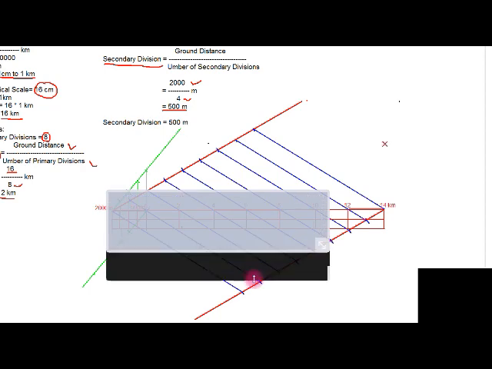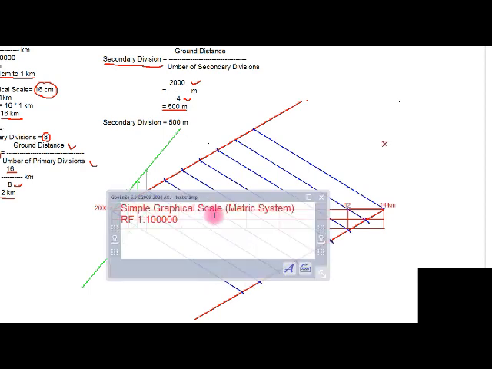Okay, and what is the RF? RF is 1 is to 1 lakh. So this scale we have prepared for 1 is to 1 lakh.